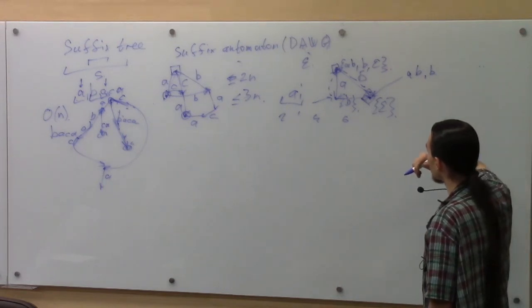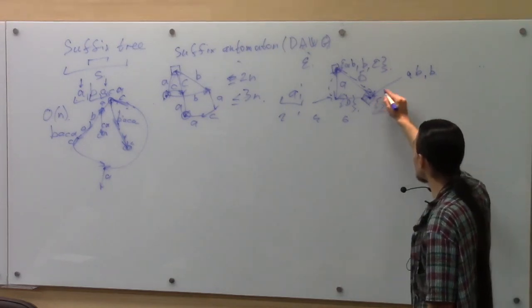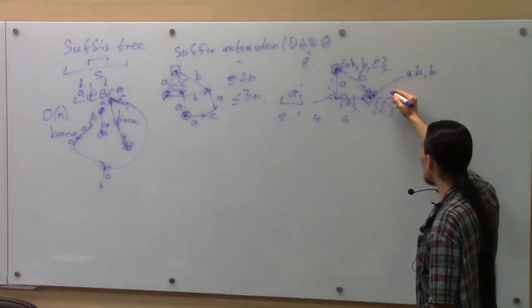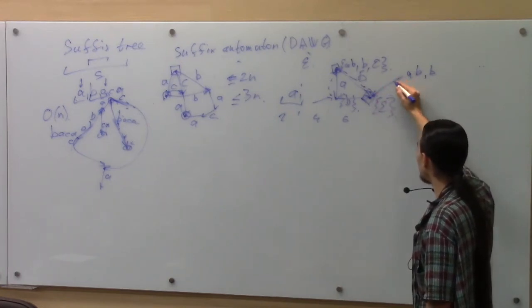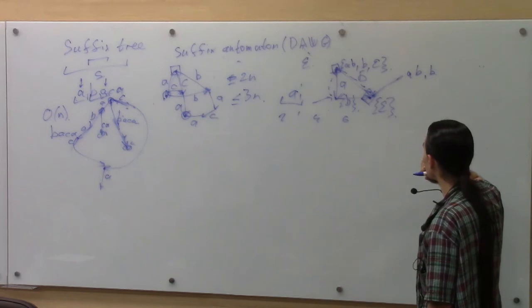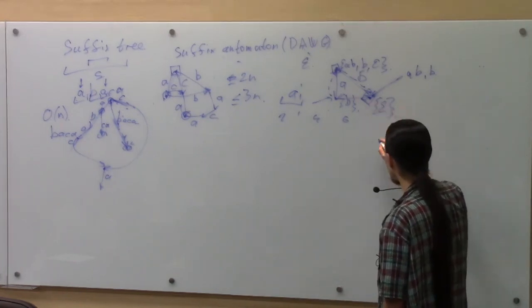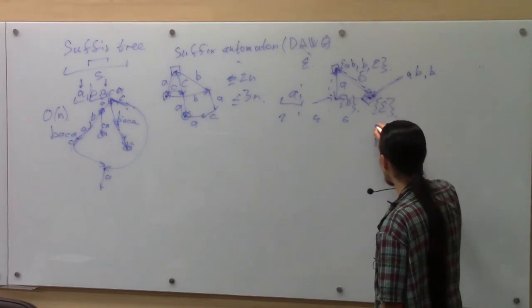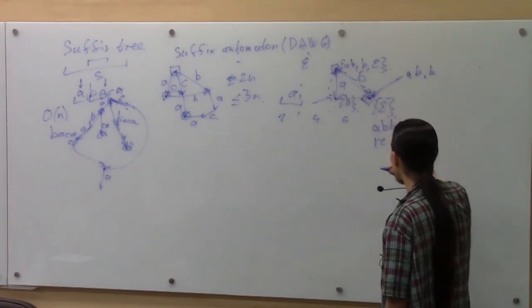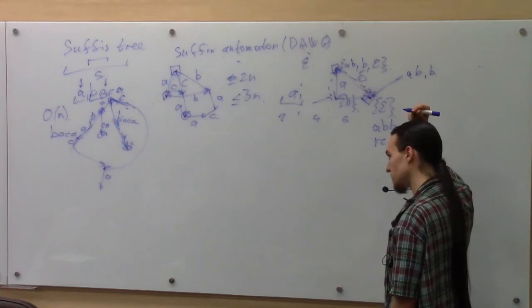What happens? So basically, okay, we have A, B, and B here. Right, context is epsilon. So in the new string we have ABB now, and it didn't work.